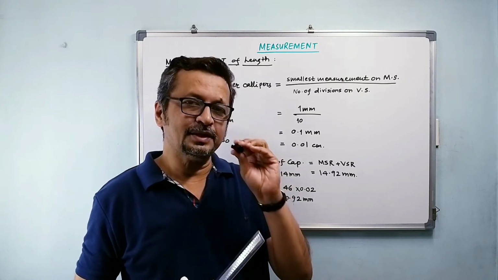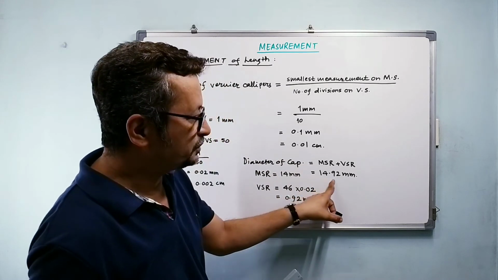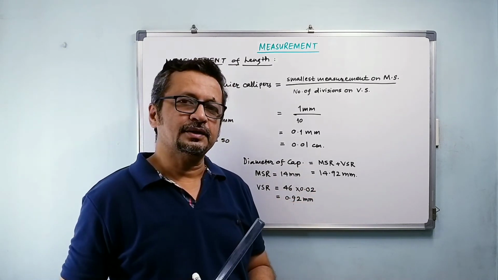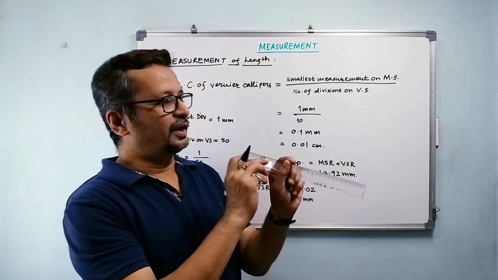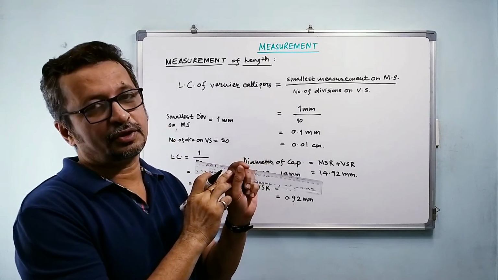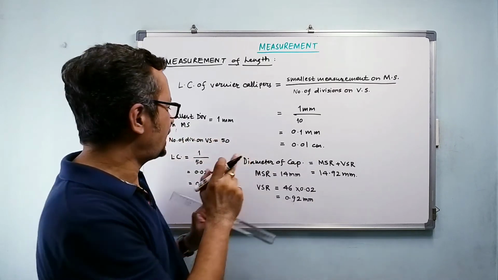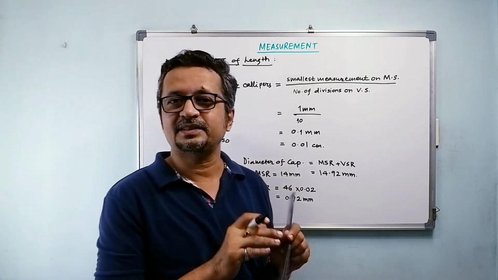So is this measurement accurate? The measurement that I did, 14.92 millimeter, is it accurate? I cannot say. The reason is, compared to my ordinary meter rule, which has 1 millimeter as least count, I have a vernier calipers which has 0.02 millimeter as its least count.